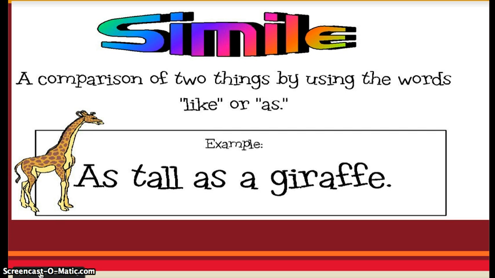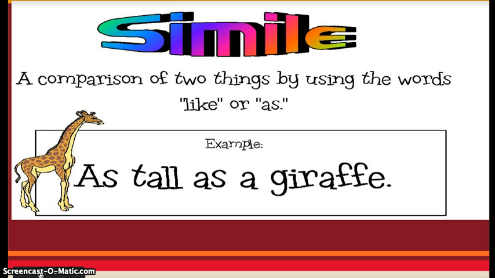Alright, so we're going to start with this one. It's a comparison of two things by using the words like or as. This is what a simile is. So for an example, you would hear, my friend Sarah is as tall as a giraffe. And as you can see, it's using two of the words as. So it's comparing the tallness or the height of Sarah to the height of a giraffe.